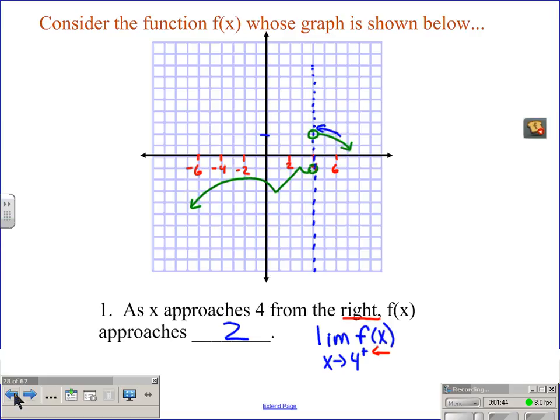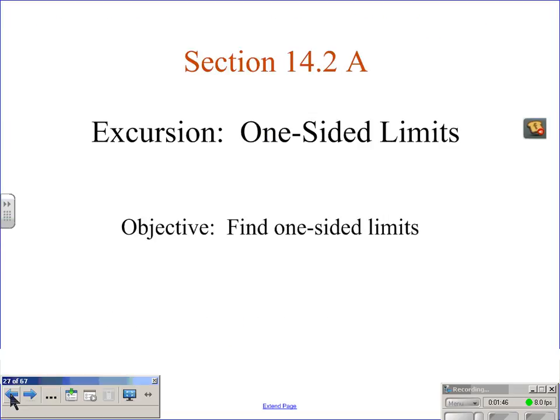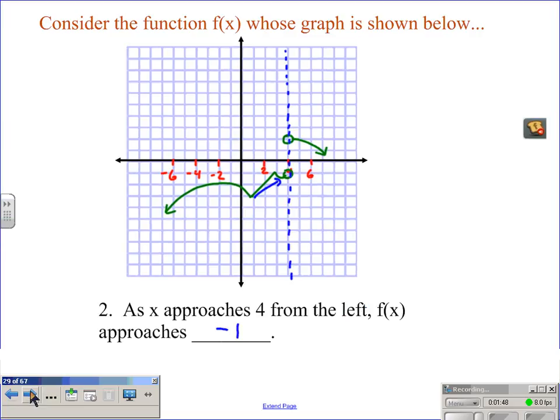Then this one is written as the limit of f of x as x is approaching 4 from the left side. Again, the negative tells us that we are looking at it from the left side, and that's going to be called our left-hand limit.